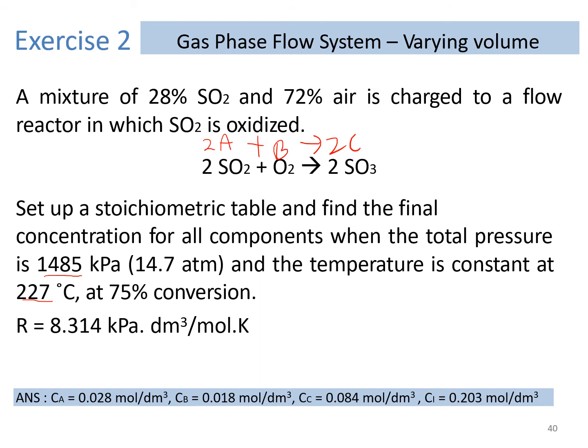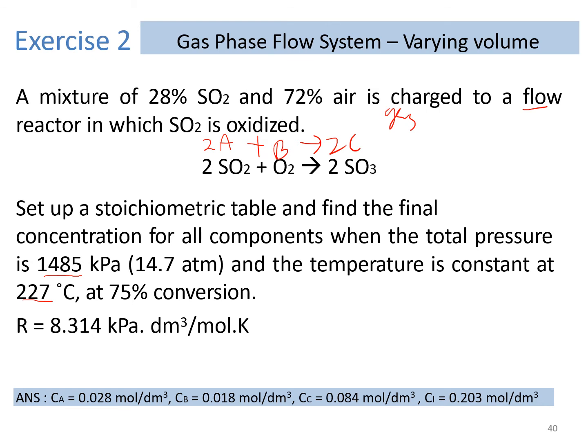Okay, so this is the total pressure, which means there is a variable volume here. Okay, so the first thing you have to do is identify whether this is a flow or a batch. It's already stated here it's a flow, and this is a gas system.